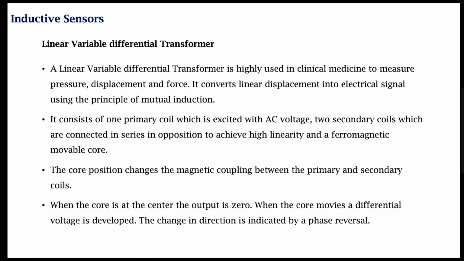It consists of one primary coil and two secondary coils, as I mentioned. The great advantage is that it is highly linear and has a moving core. And it is the position of the core that influences the coupling between the primary and the secondary coils.